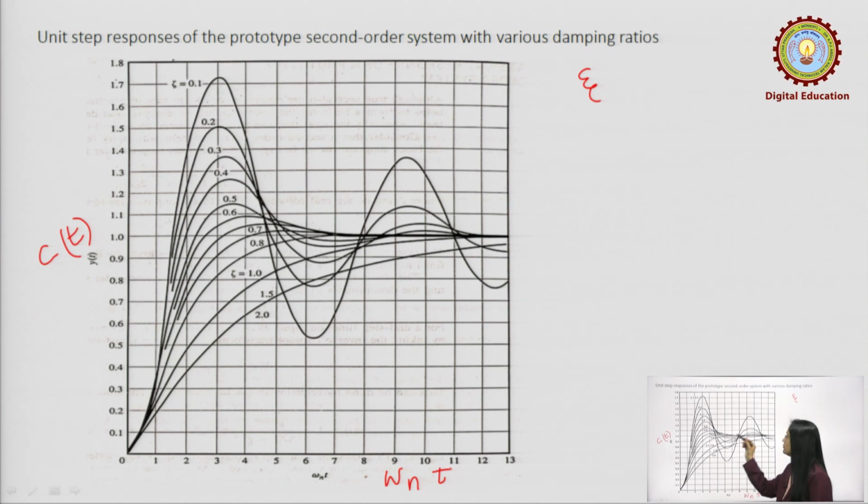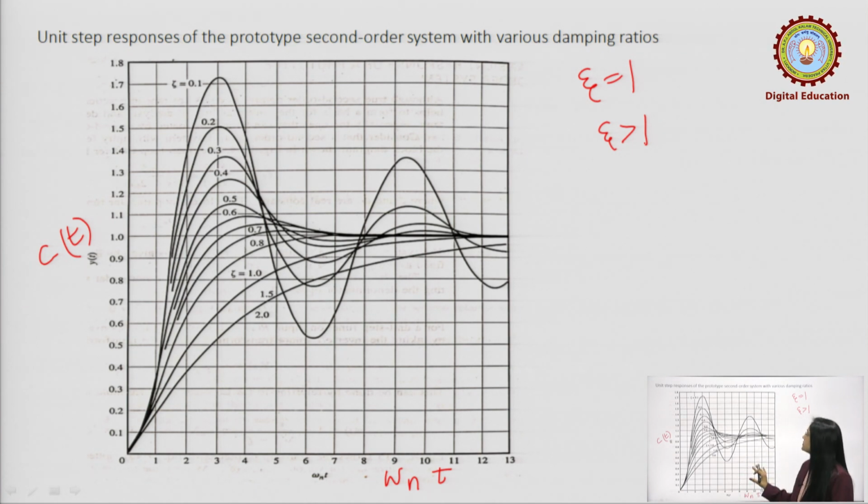However, in the case of zeta equal to 1, there is no oscillation, that is the case of critical damping, and we can also see that when zeta is greater than 1, that is 1.5, the system takes certain time to reach the final steady state value, and it is increasing again for zeta equal to 2, which is a value greater than 1. So, the system is very much stable, but it takes certain time to reach the final steady state value.